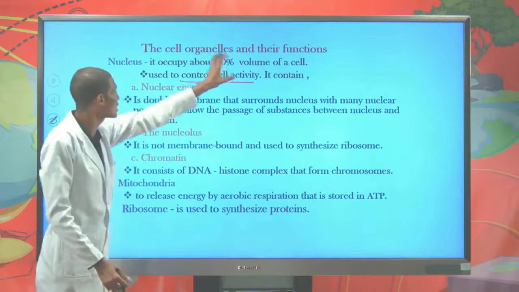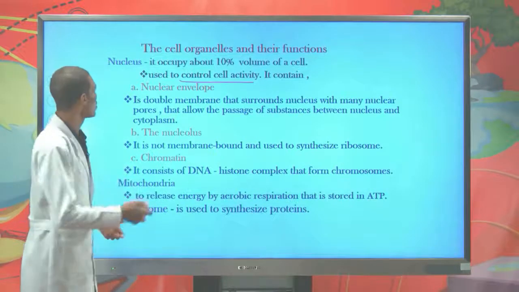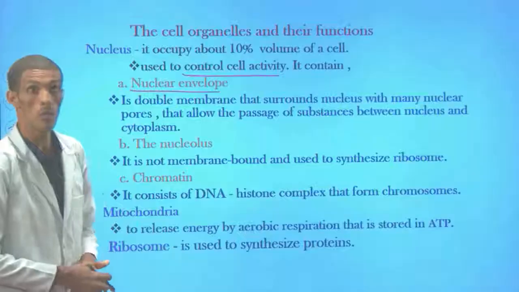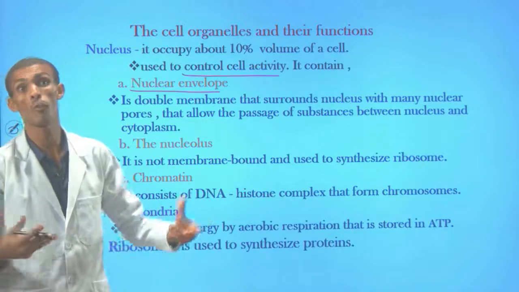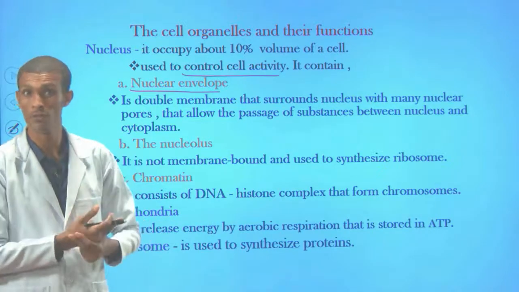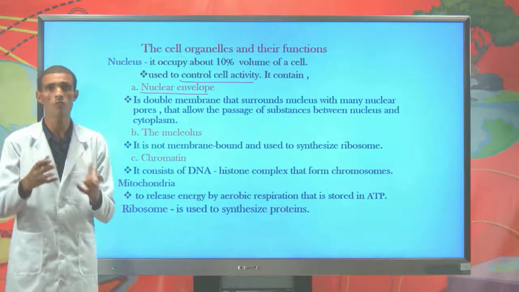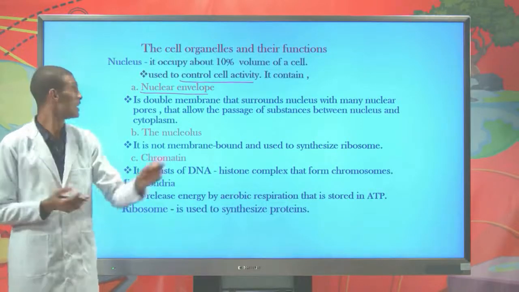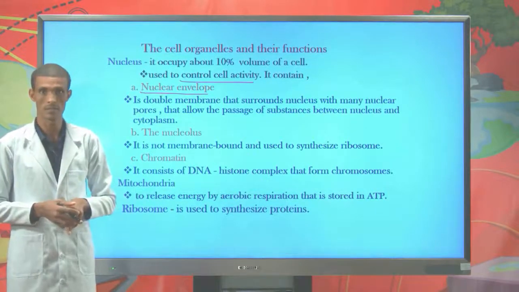Most activity of the cell is mastered or controlled by the nucleus. The nucleus contains structures such as the nuclear envelope, which is a double membrane. There are many pores found on the nuclear envelope, which are very important in the exchange of material between the cytoplasm and the nucleus. So the nucleus is an organelle containing a double membrane.